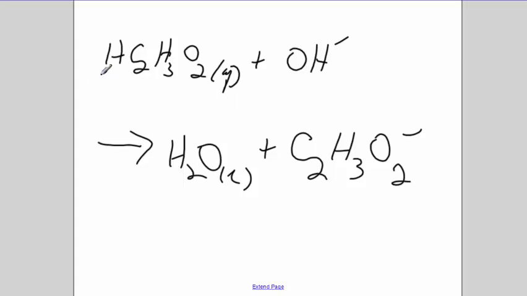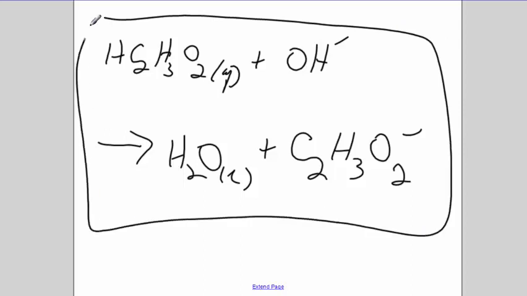There's my acetic acid plus OH minus goes to water plus the acetate ion. This is the pattern for weak acid plus strong base. The weak acid, not dissociated, plus the OH minus of the strong base goes to water plus whatever the anion of the weak acid was. So it's all about recognizing the pattern and following the pattern.